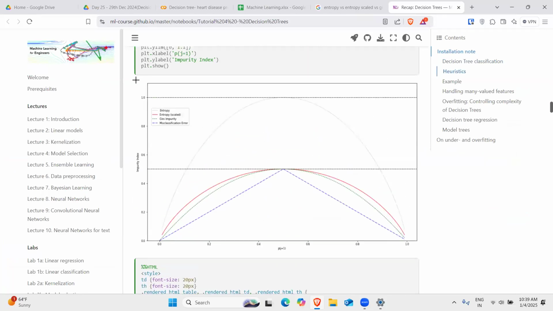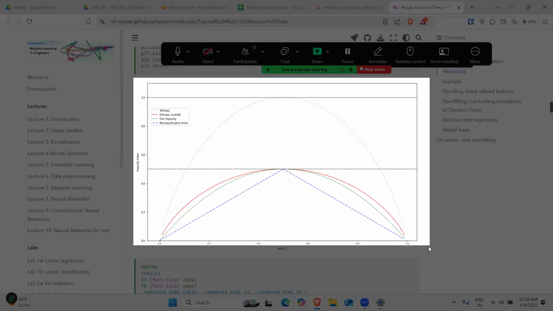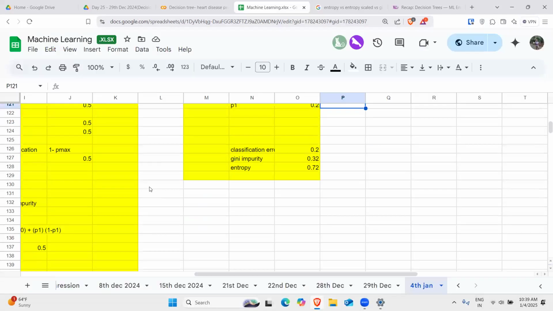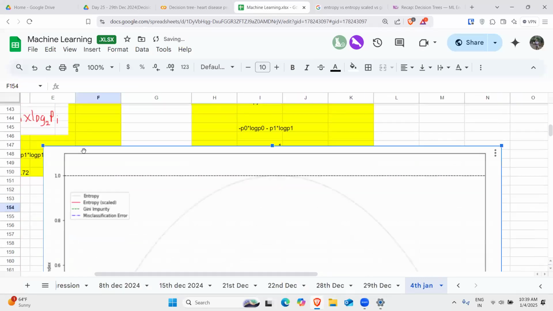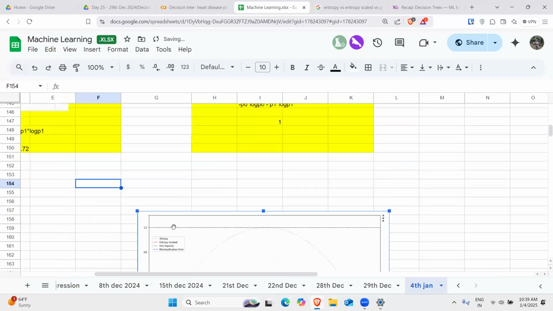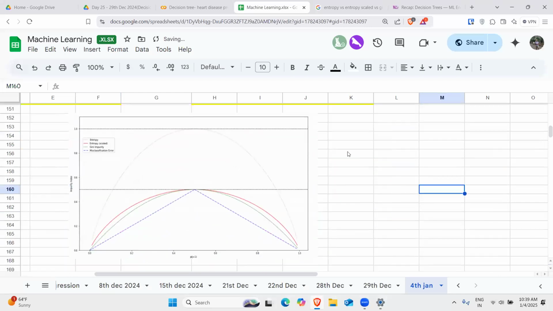This is what I'm talking about. So if you compare all three concepts, entropy versus entropy scaled versus Gini impurity versus misclassification error, from the above example you understood which is the correct measure, or which should be the ideal measure that you have.